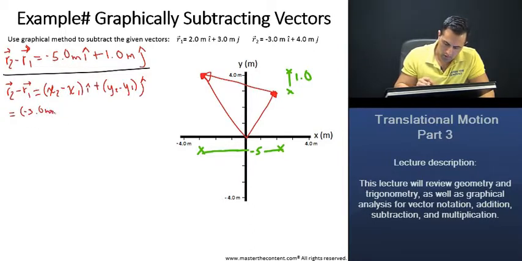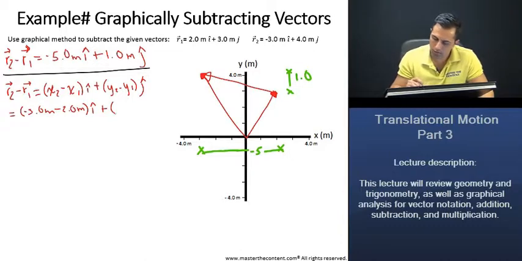Now, it was 2 meters for our first vector. Wonderful. Let me make this a little neater. Wonderful, there we are. And now the y component was 4 meters for our second vector, 4 meters minus the 3 meters.